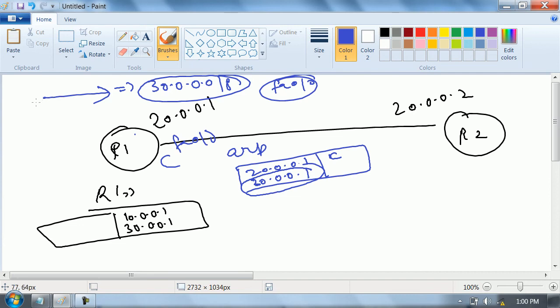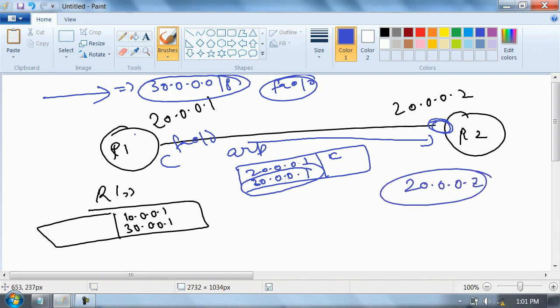मैं एक नेटवर्क के लिए तभी आर्प जनरेट कर सकता हूं एक आईपी के लिए जब उस आईपी से रिलेटेड नेटवर्क मुझसे डायरेक्टली कनेक्टेड है. तो R1 को अब भी यही लगा, I am explaining the same thing in Hindi, कि 30 का नेटवर्क उससे डायरेक्टली कनेक्टेड है. तो R1 ने डायरेक्टली 30 के आईपी के लिए आर्प जनरेट कर दी. अब ये आर्प R2 तक आई. R2 ने देखा मेरे इंटरफेस की खुद की आईपी क्या है, लेकिन इस आर्प पैकेट में डेस्टिनेशन आईपी 30.0.0.1 है. क्या ये आर्प इस डेस्टिनेशन के लिए आई है? नहीं.